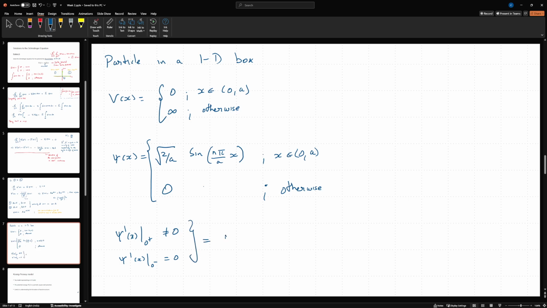This implies the derivative of the wave function is discontinuous.